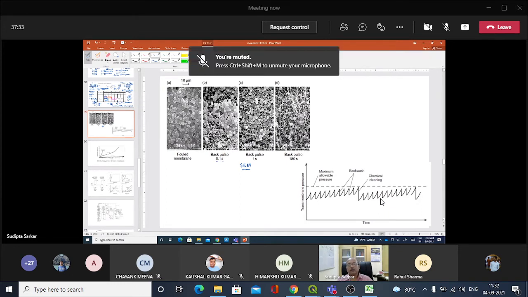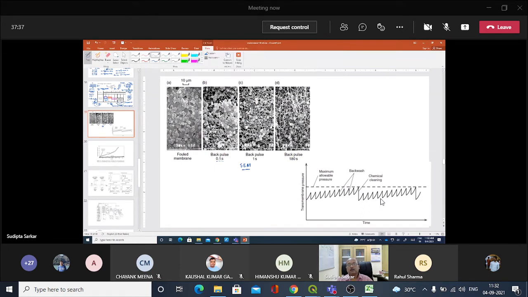At the bottom, you can see the pores of the membrane. And if you do the back pulse for 180 seconds, of course it is cleaner, but there are still particles on top of the membrane, and also in the depth of the membrane there might be other particles too.